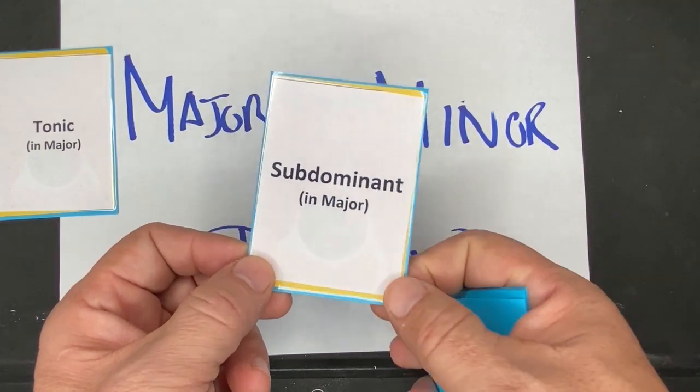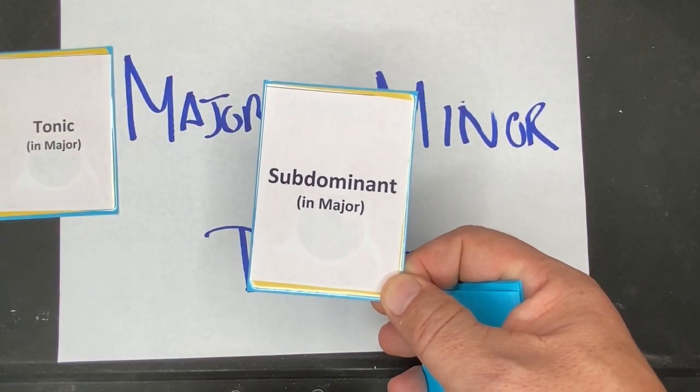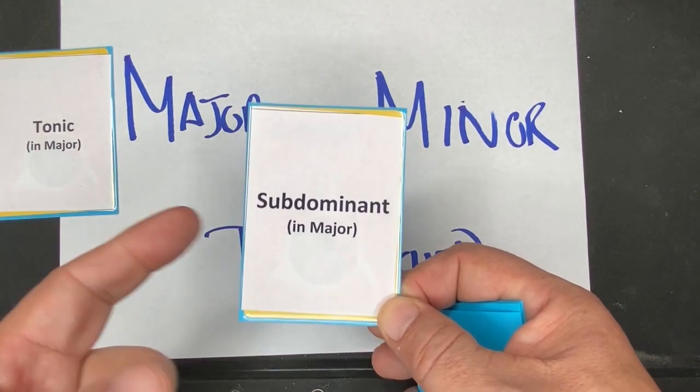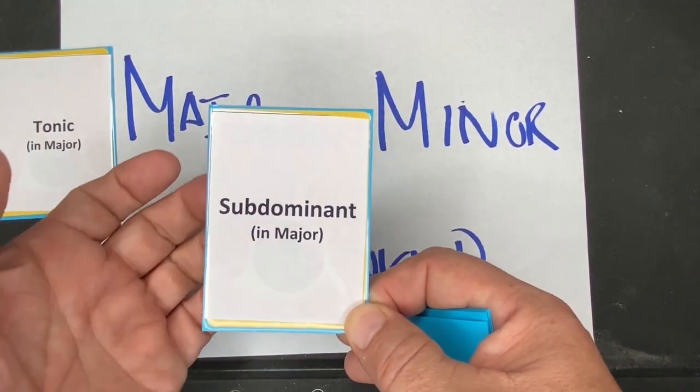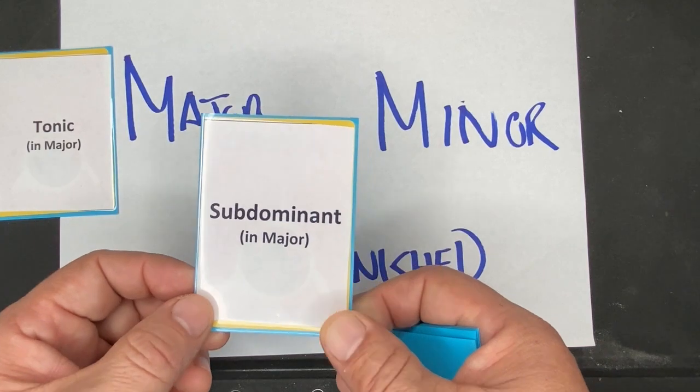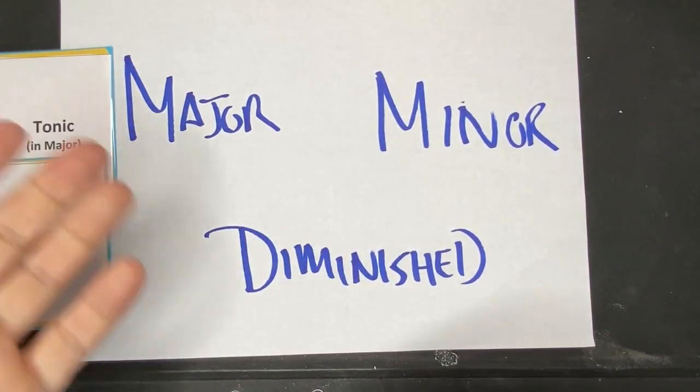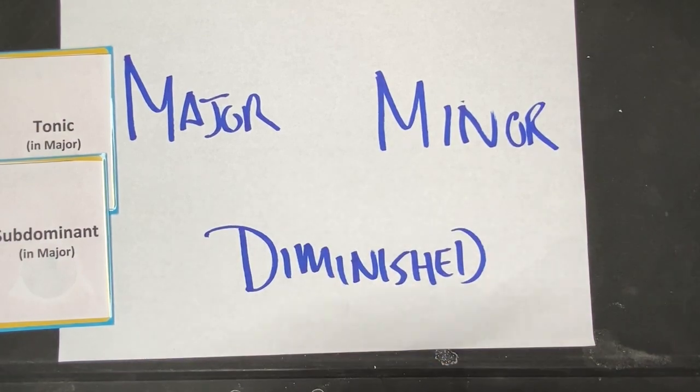Subdominant, maybe I didn't shuffle these up very well. Subdominant is the dominant below. It's 5 down, so that's a 4 chord, right? You can also just remember if you want that it's below the dominant, so it's 4, but that's not how it's actually defined. It's also a power chord, right? Strong fist, okay? It's a major chord.